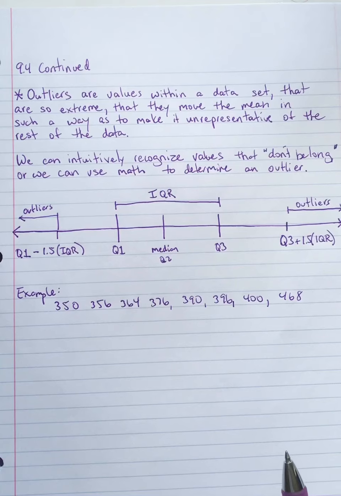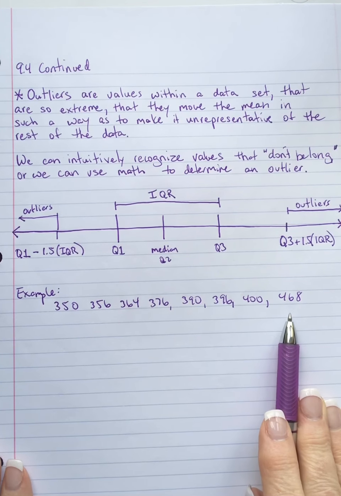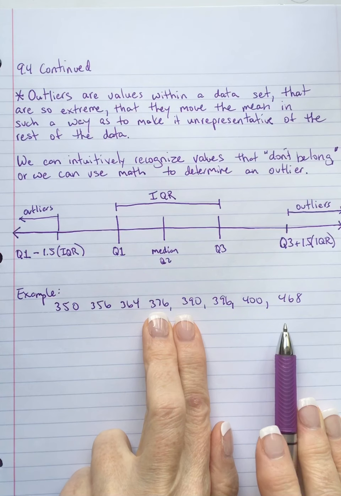Okay, first of all, let's divide this data in half. We have 1, 2, 3, 4, 5, 6, 7, 8. So it's going to be between these two numbers right here.